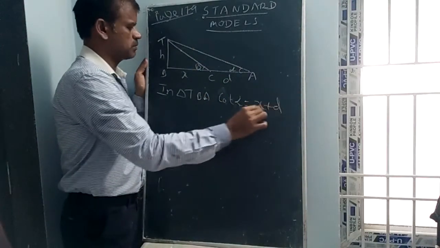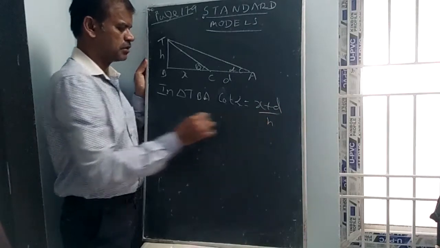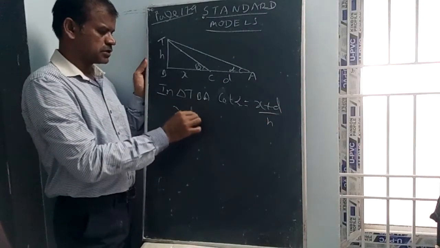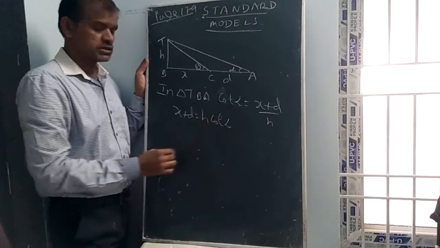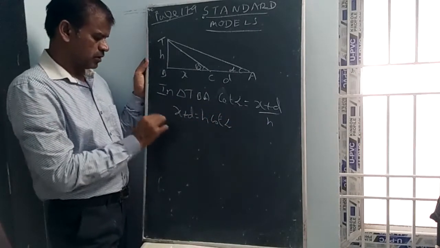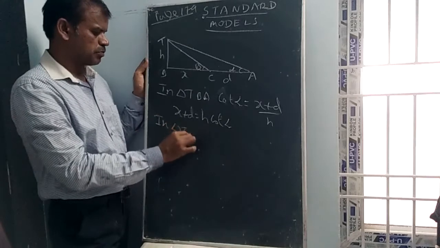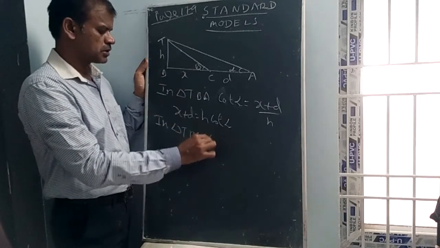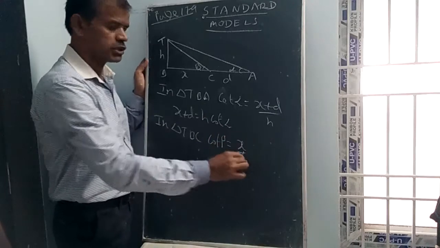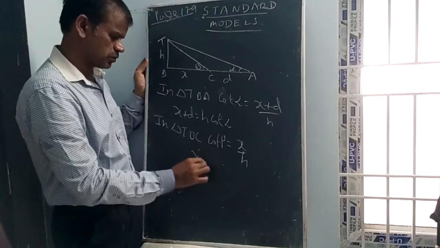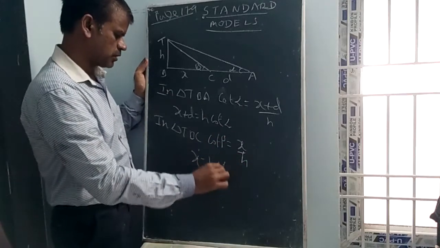So x plus d by h, I am writing. So x plus d is equal to h cot alpha. Now in the small triangle TBC, we can write cot beta is equal to x by h. So x is equal to h cot beta.